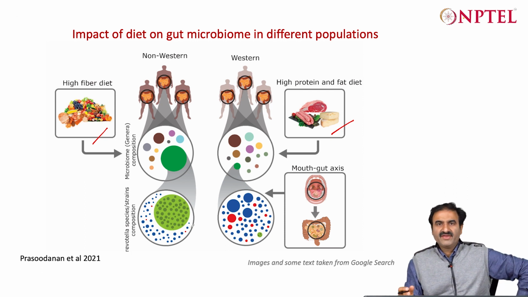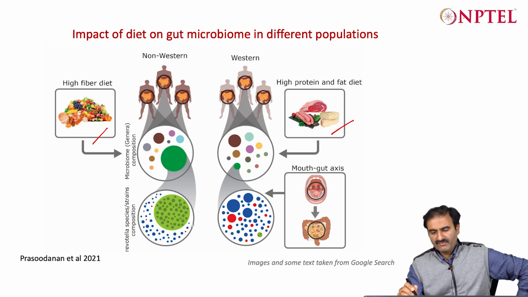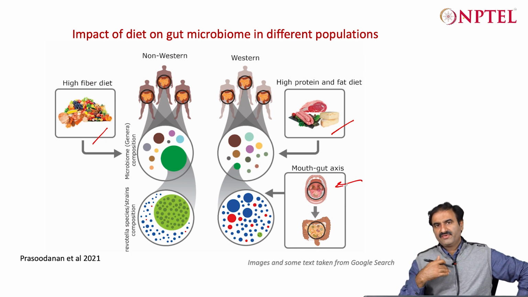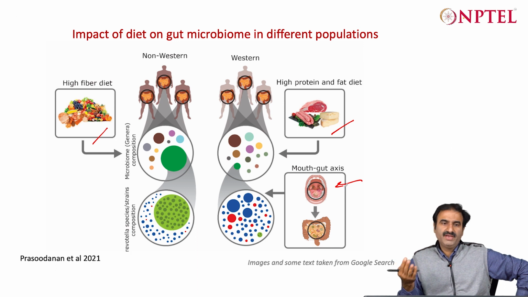And the Westernized diet leads to the alteration of the microbiome, which is less healthy and more prone to various diseases. And people have also studied the mouth-gut axis, because the microbiome in your oral cavity may impact the microbiome in your gut, and so oral hygiene, type of microbes, and the diet that you are taking will matter when you are talking about the gut microbiome.